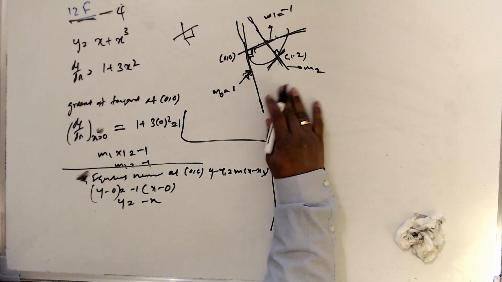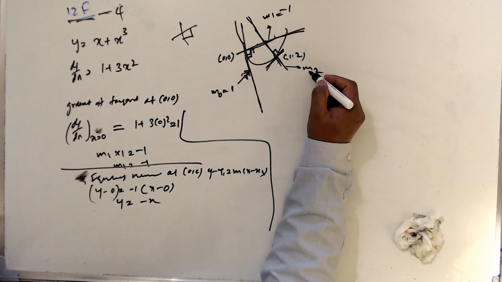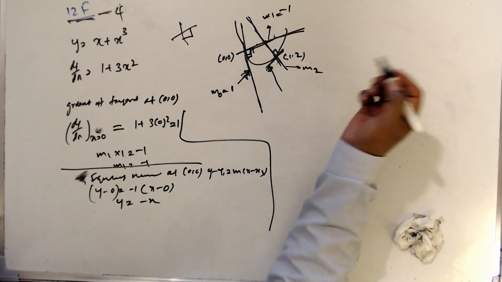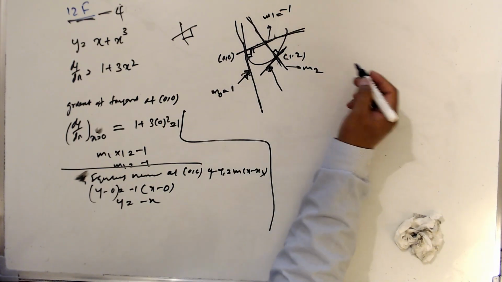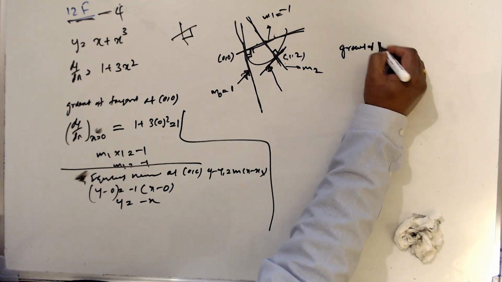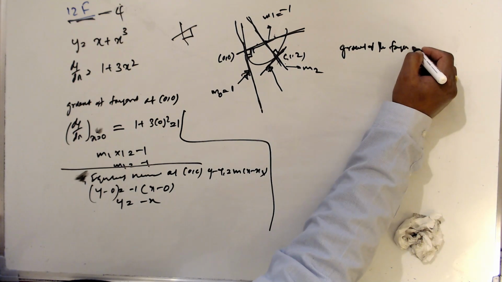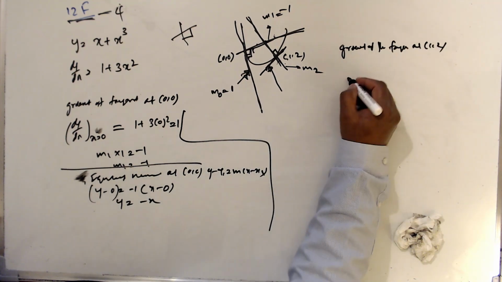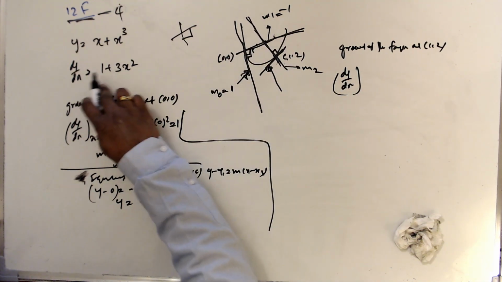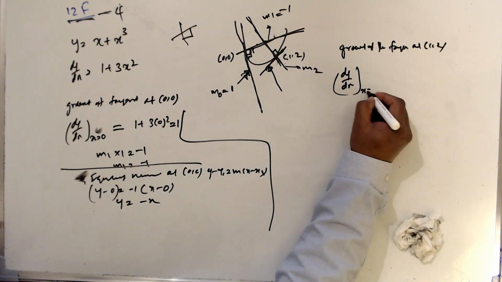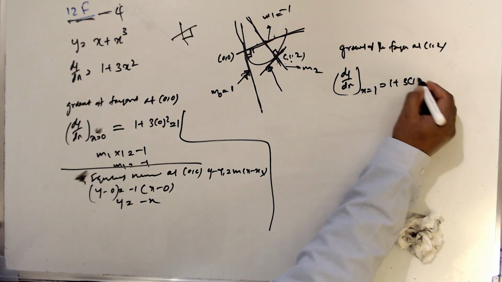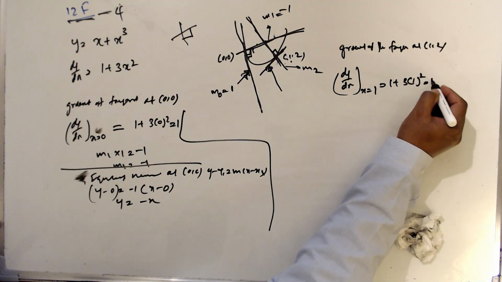Now this one. We'll work out the gradient of the tangent at 1, 2. So dy over dx we have in the curve equation, at x equal 1. So 1 plus 3 times 1 square, which is 4.